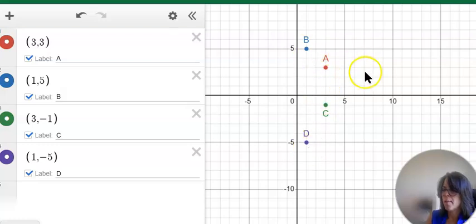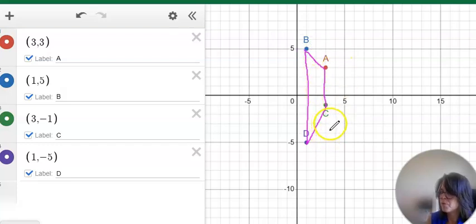So here are my points, and if you can imagine connecting them, this does look like a sideways trapezoid. It appears that this side, BD, is parallel to this side, AC.